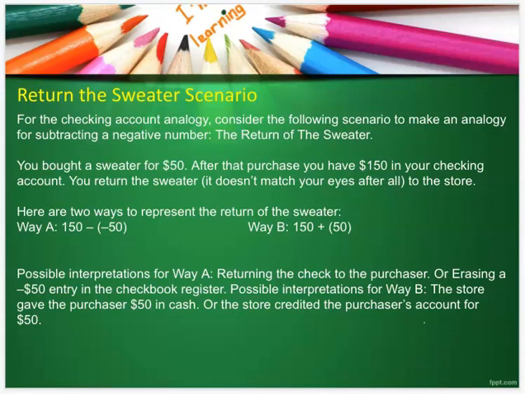So you've probably been taught you can change all subtracting integers problems to adding the opposite. So in way 1, we were subtracting a negative 50. And in the second way, way B, we change the subtraction to addition, and we take the opposite of the negative 50 and make it positive 50. So part of your assignment talks about that return of the sweater scenario.